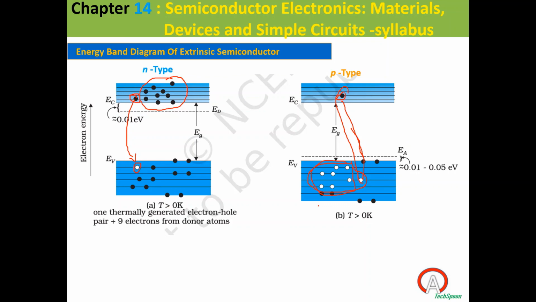But in the case of extrinsic n-type and p-type semiconductors, how do we get the free charges? By adding the impurities as well as due to thermal excitation. And this energy band diagram you also have to study. Clear? Yes, sir. Okay.